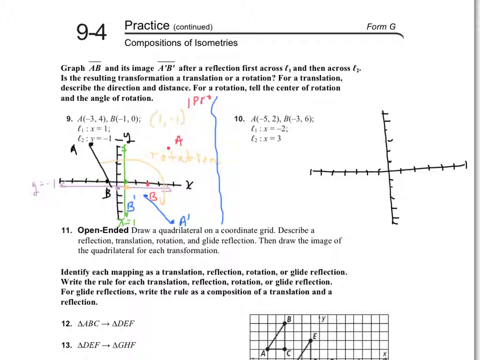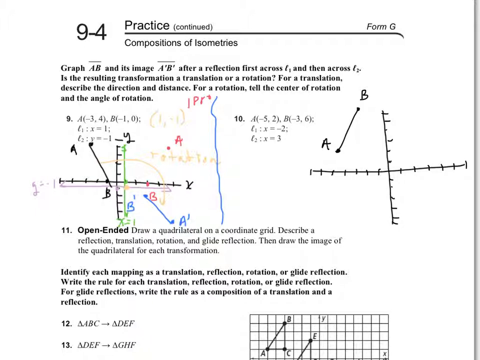All right, so I'm going to plot A. So this is A. And then B, and this is B.